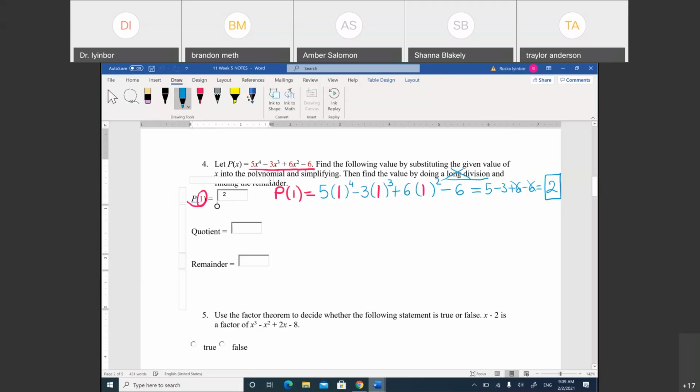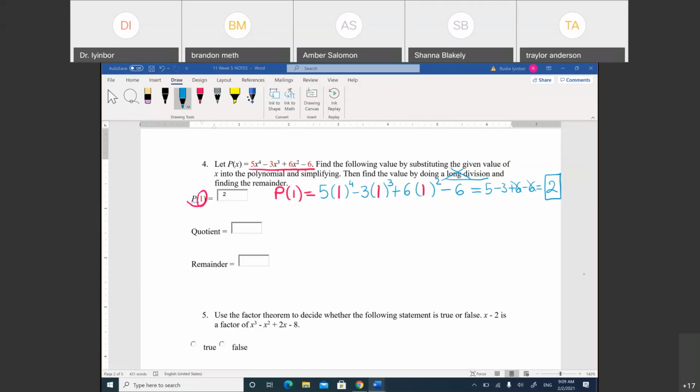And this is what you have. We're going to use the given polynomial. So technically here what they're saying, here you don't have to divide this by this.